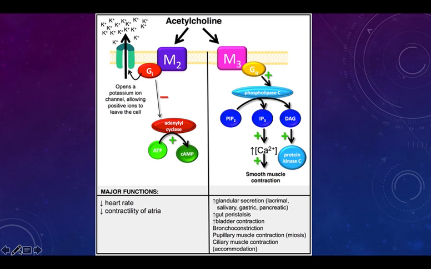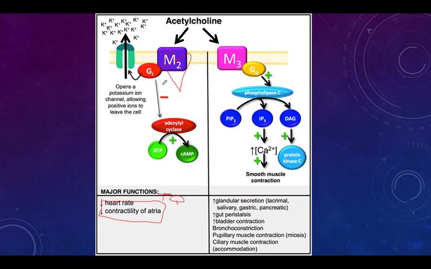On the parasympathetic side, remember I said muscarinic receptors are G protein coupled, M2 in the heart, test question. M2 coupled to GI.